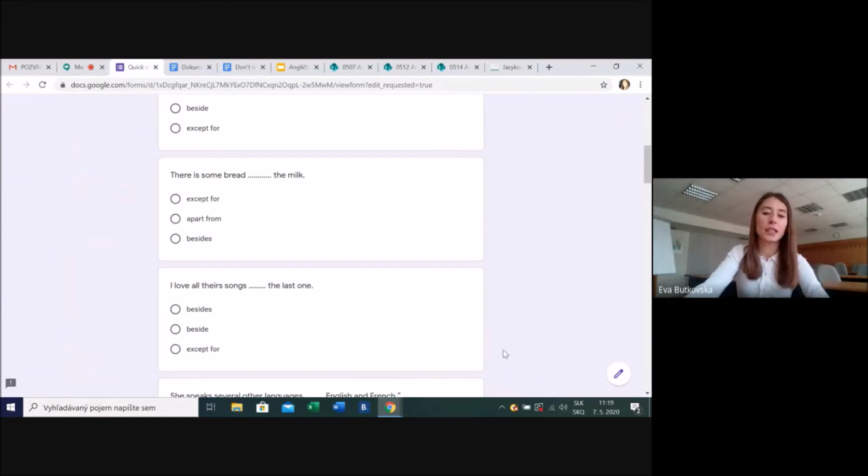So what do you think? So we can use "apart from" or "besides" as well. I would use "apart from". There is some bread at home apart from the milk, or besides the milk.